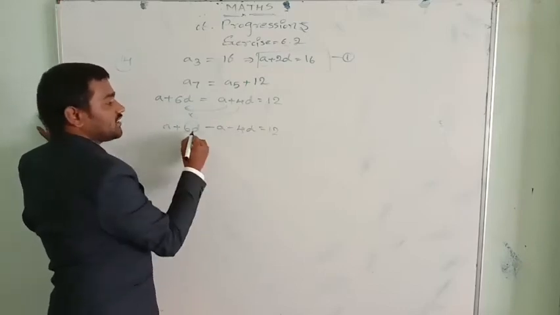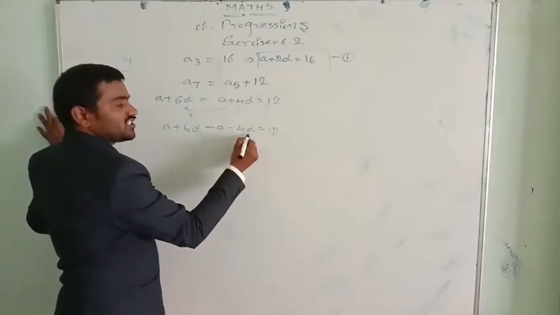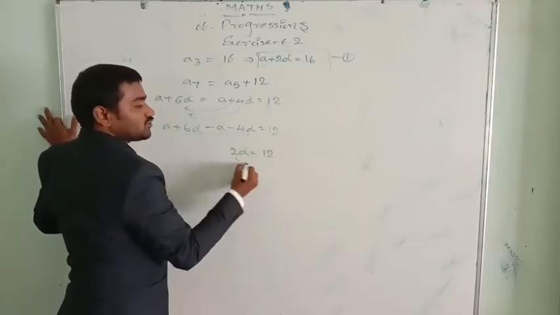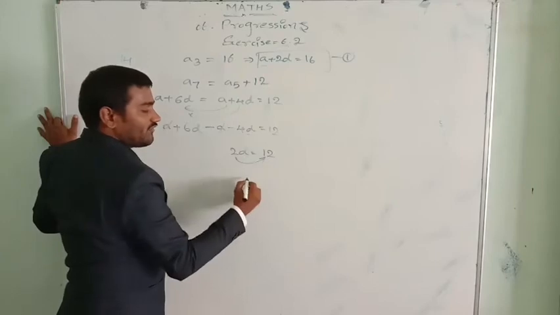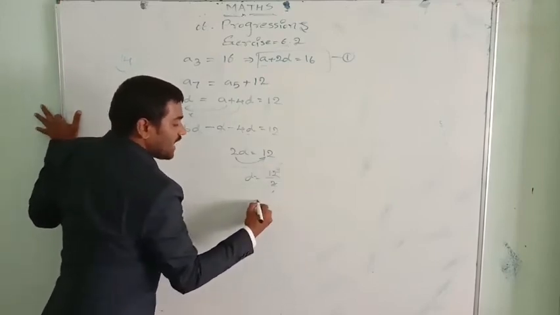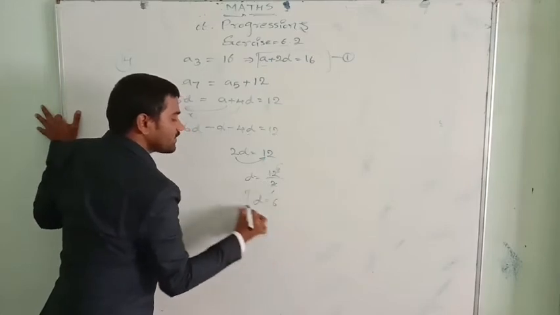A minus A cancels. 6D minus 4D is 2D, equal to 12. To know the value of D, transfer the 2, D equals 12 by 2. D value is 6.